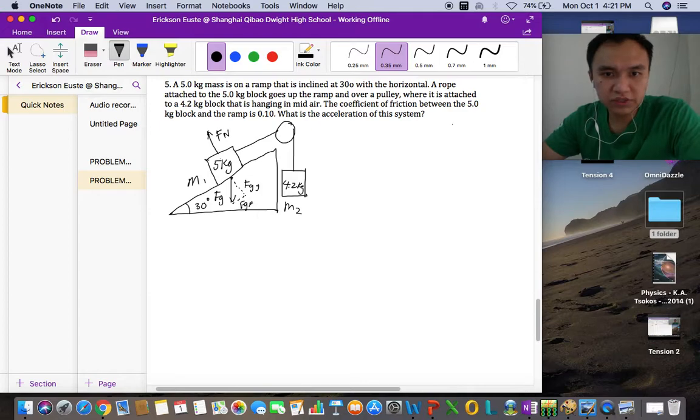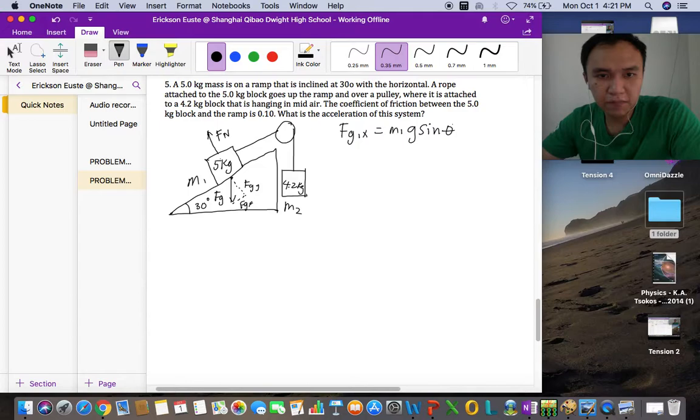Fg1x is equal to m1g sine theta. I know that you already got the hang of it. This is sine theta because this is opposite. So you have 5 times 9.8 sine 30 is equal to 24.5 newtons.